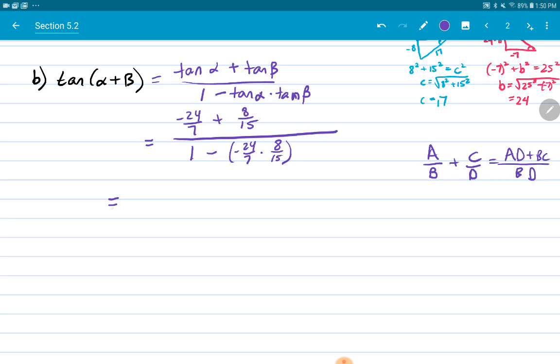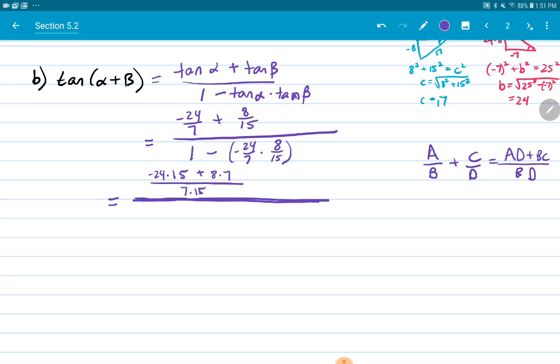I'm left with, in the numerator, 7 times 15 in the denominator, and negative 24 times 15 plus 8 times 7 in the numerator.